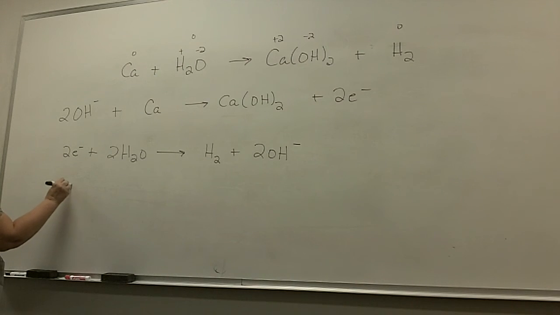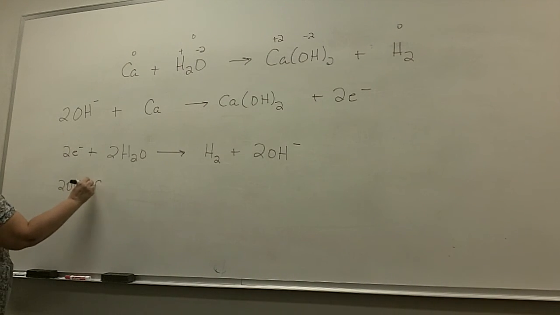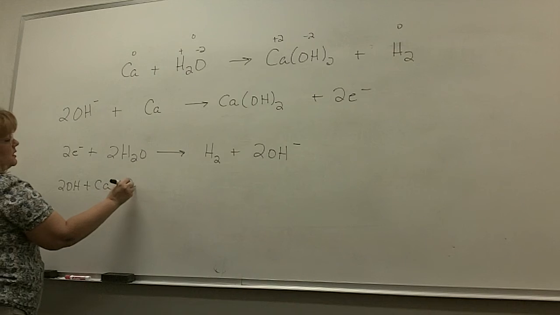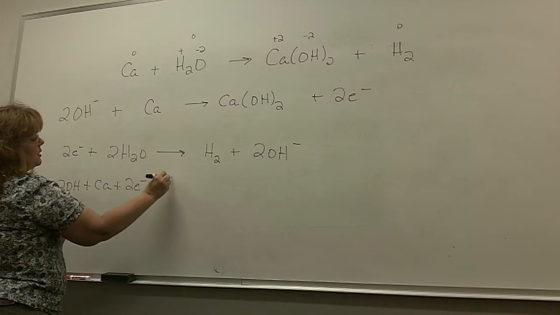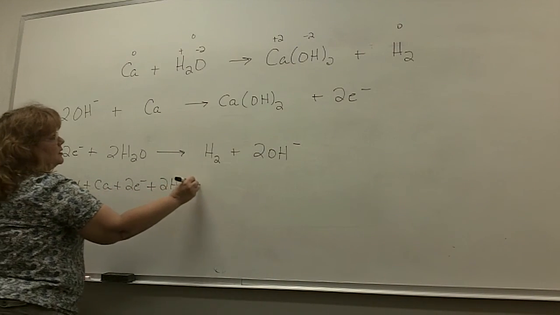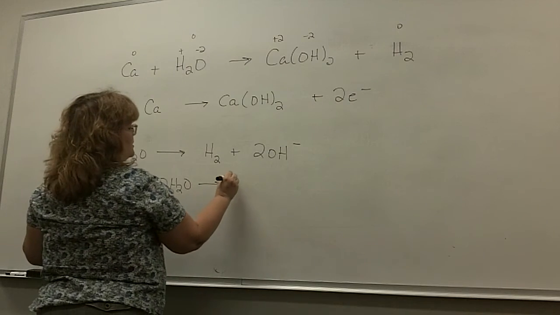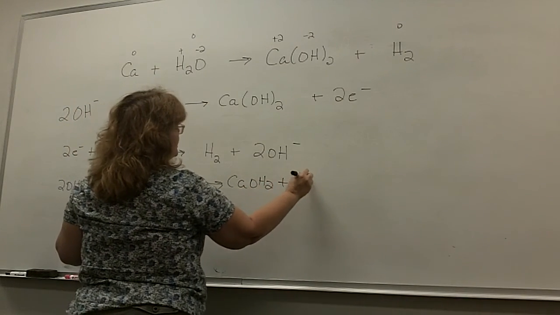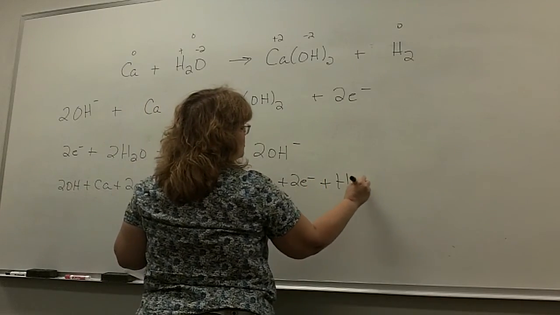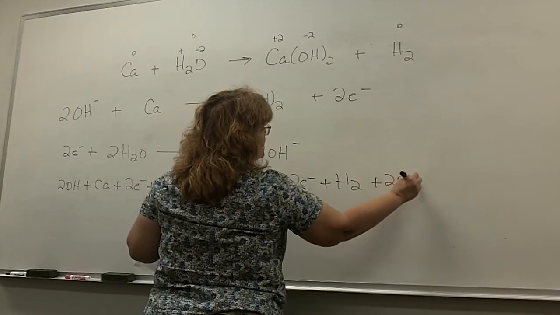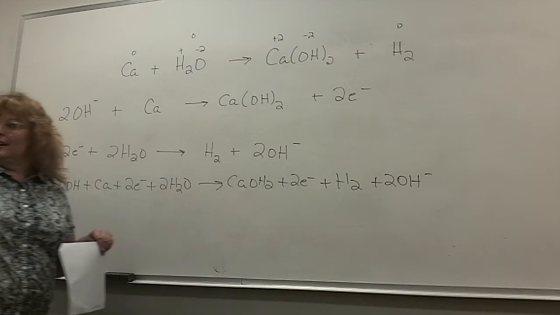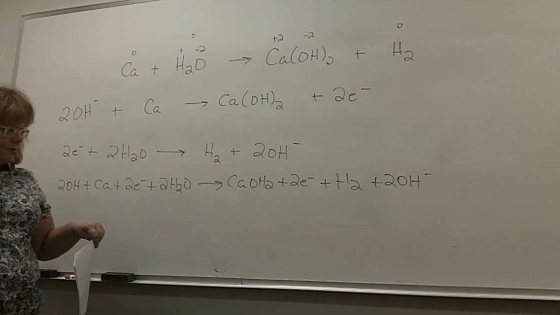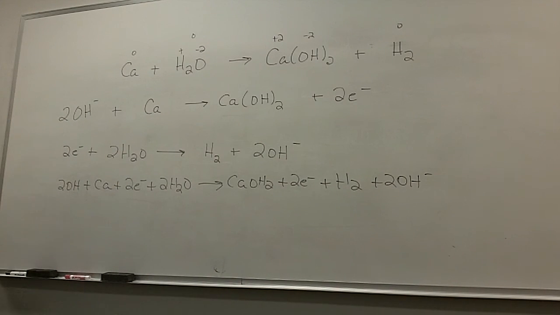It's 2 OH plus Ca plus 2 e negative plus 2 H2O yields Ca(OH)2 plus 2 e negative plus H2 plus 2 OH. You're right, I was trying to add hydrogen where I didn't need to. And then you cancel out your electrons.